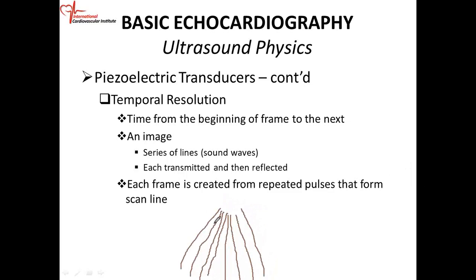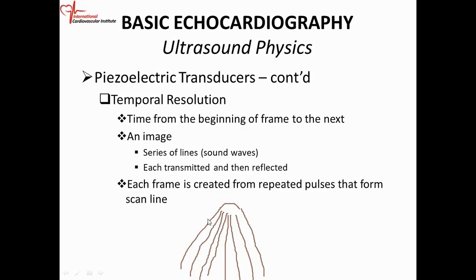So if this is a frame, each of these lines in the frame is called a scan line. Each scan line is a transmitted pulse, or transmitted ultrasound wave, and a reflected wave.